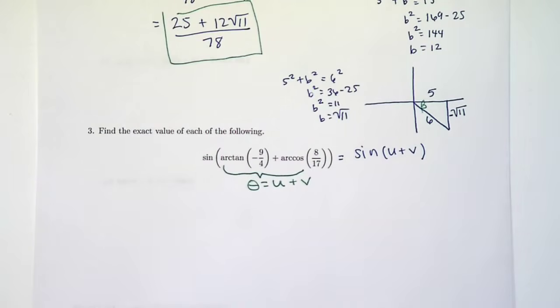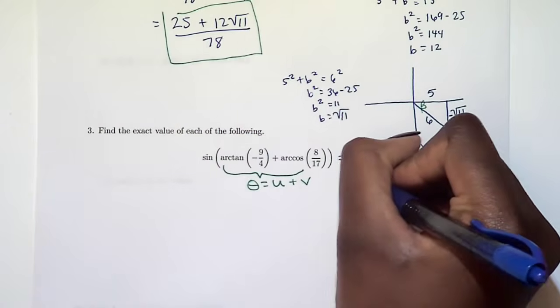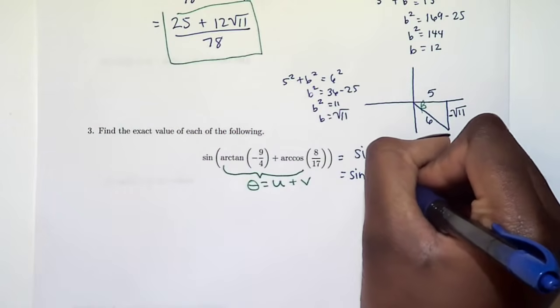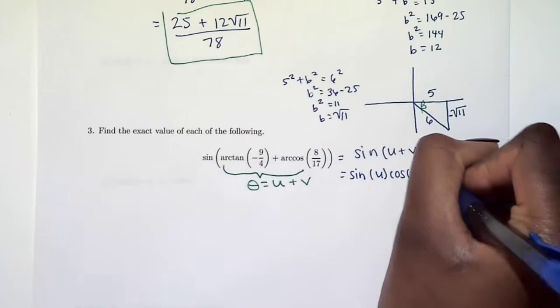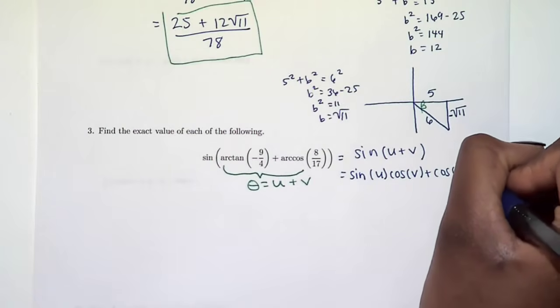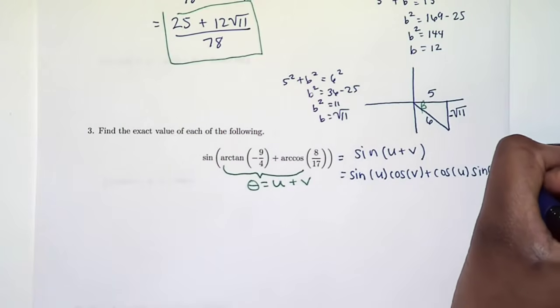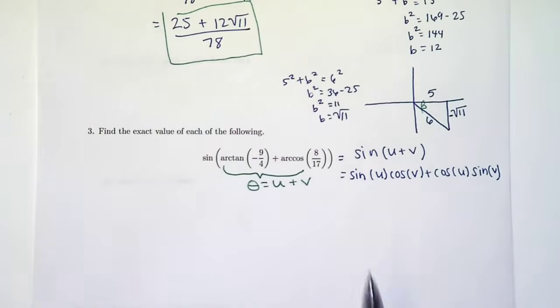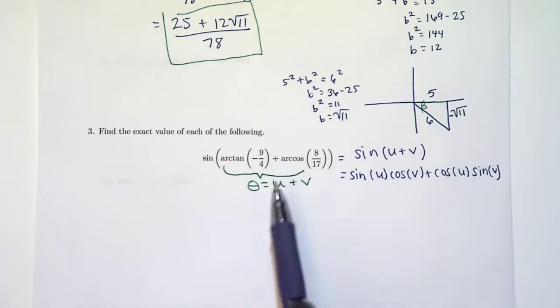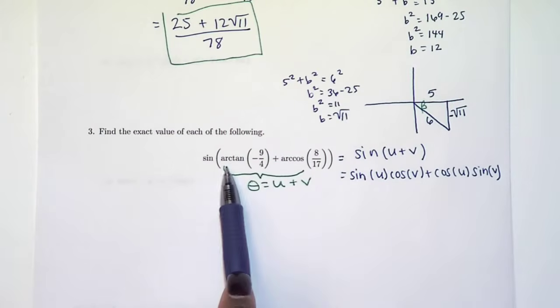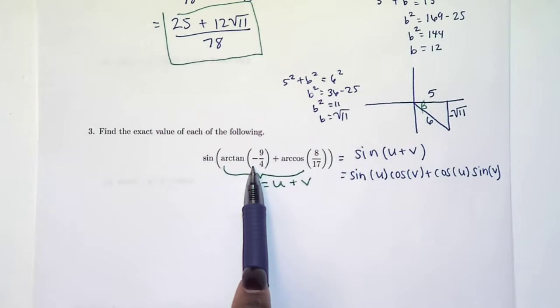Before we do that, I'll write out the sum formula. It's sine of U cosine of V plus cosine of U sine of V. That means we have to figure out sine and cosine of U and V. So how do we do that? Let's start with U and V. U is given by arctangent of negative 9 over 4.